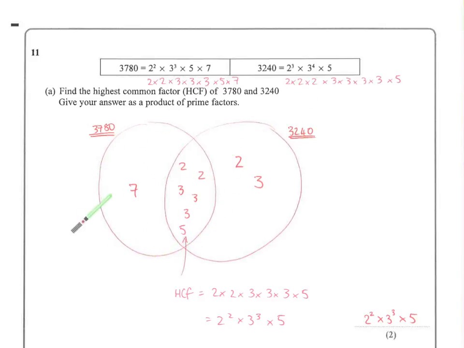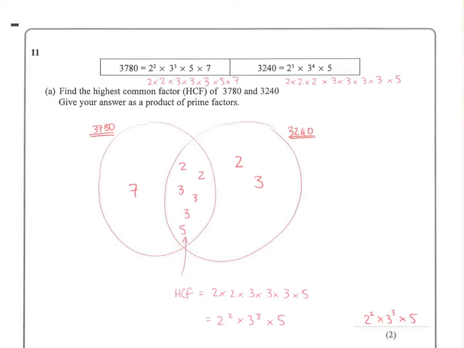I'd suggest the easiest way of finding the highest common factor and lowest common multiple is to put it into a Venn diagram. Two circles overlapping, 37,080 and 3,240. Right in the middle, what is common to both? So what factors are common to both?